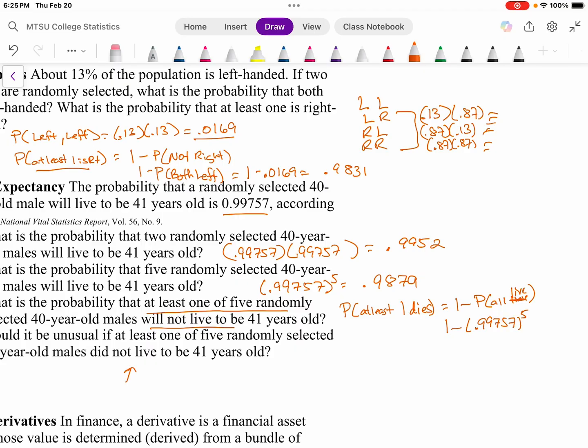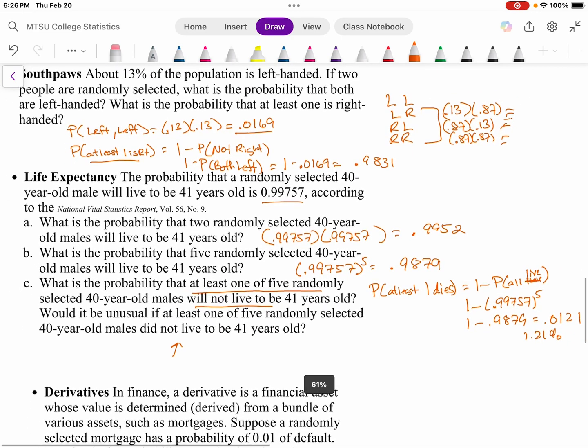That was the last answer we just got there. So 1 minus 0.9879, which would be 0.0121. So there's a 1.21% chance that at least one dies.